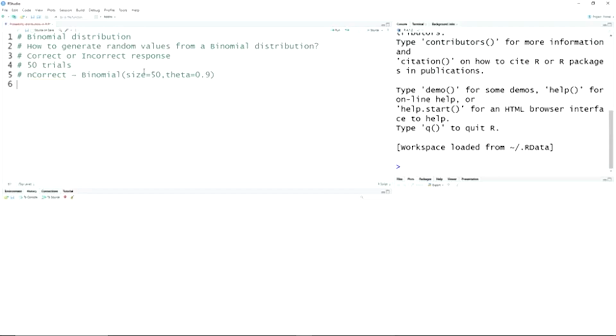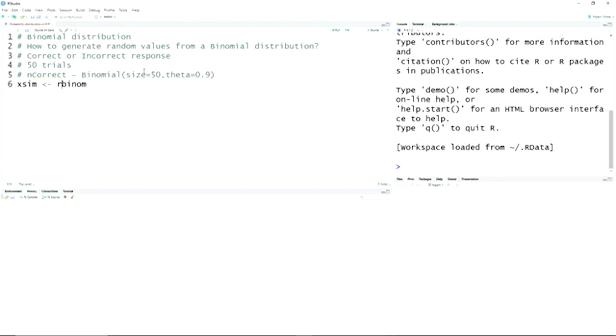Okay, so we will call it xsim, basically simulated data. Now the function we will use to generate random values from a binomial distribution is rbinom. So binom stands for binomial distribution, and r stands for generating random values.